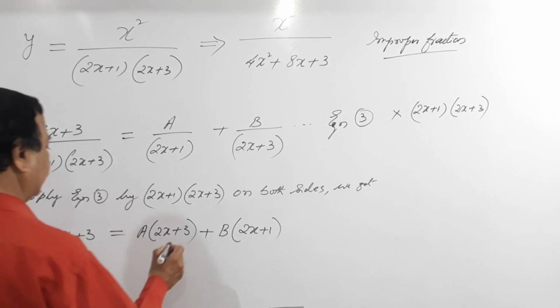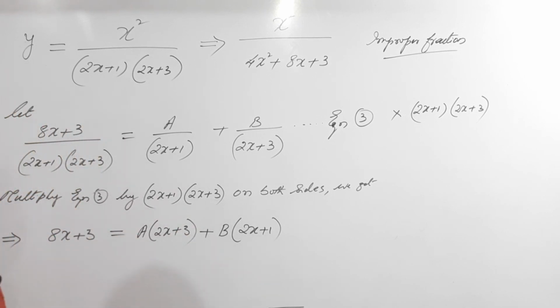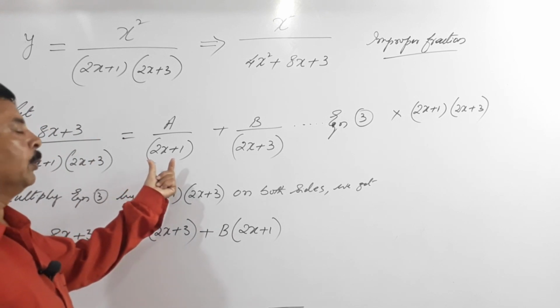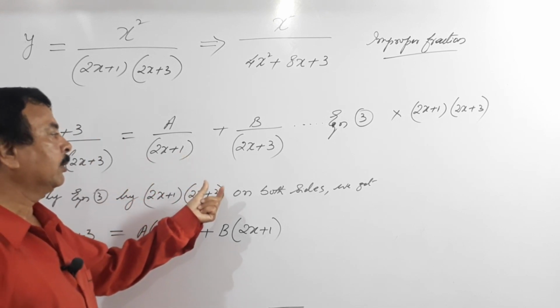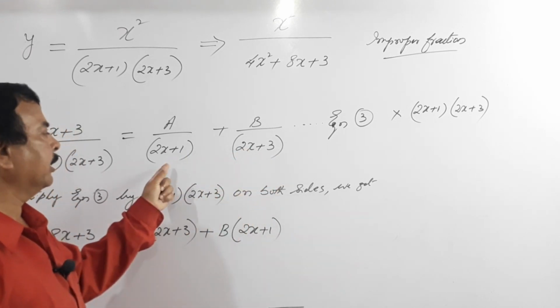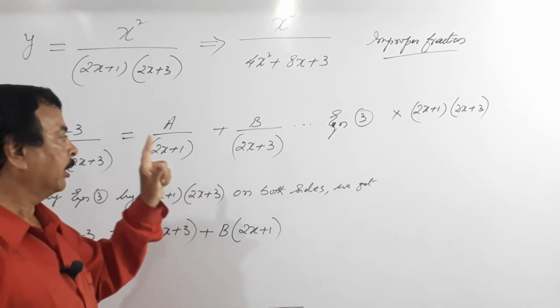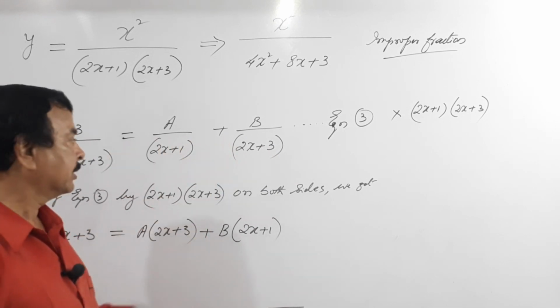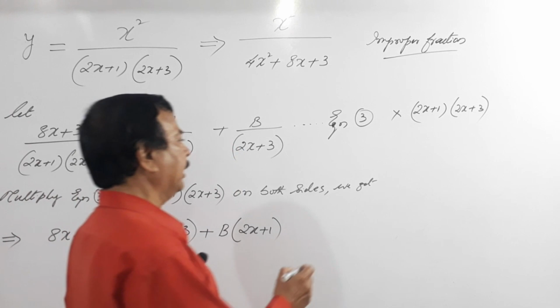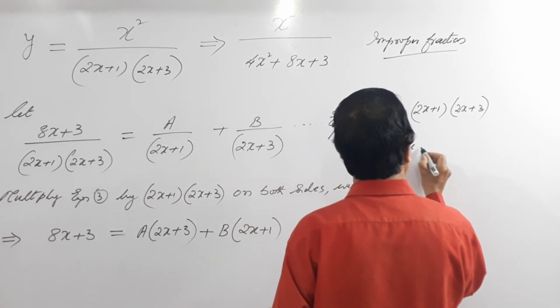Now I'll set 2x plus 1 equals to 0 and 2x plus 3 equals to 0, so that I'll get the values of x in both the cases.